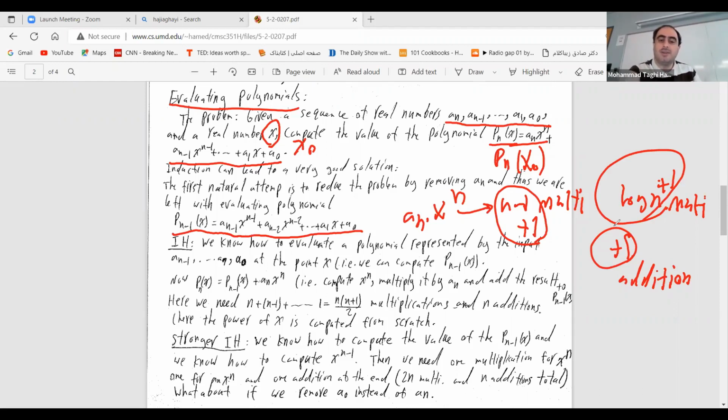Now, if you do it recursively, the number of additions is not bad. Because it is A0, the number of additions would be n in total. So the total additions would be n total integer additions.